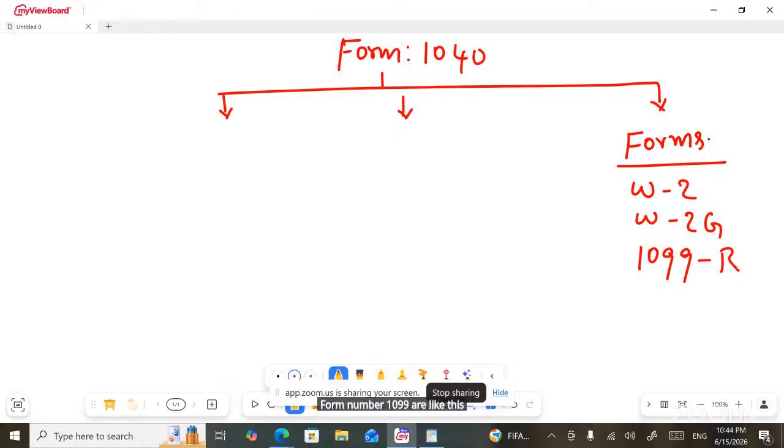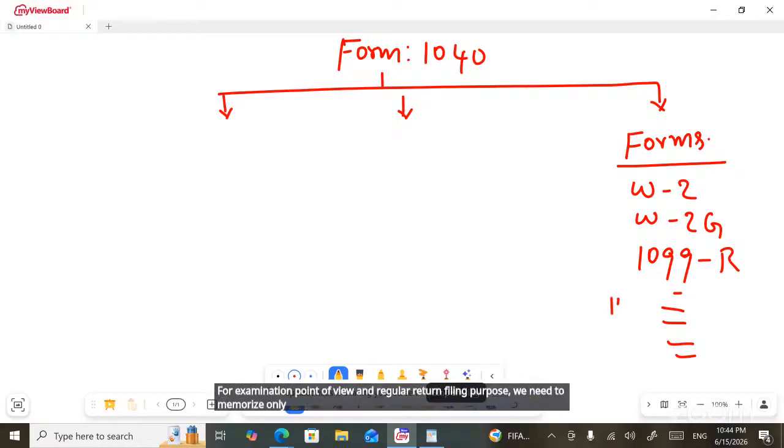We are going to cover so many forms. Approximately these forms are in the thousands. From the examination point of view and for regular return filing purposes, we need to memorize only roughly 15 document numbers.